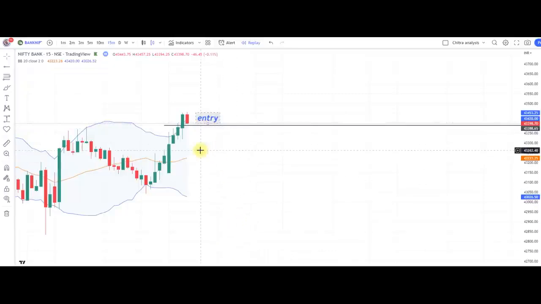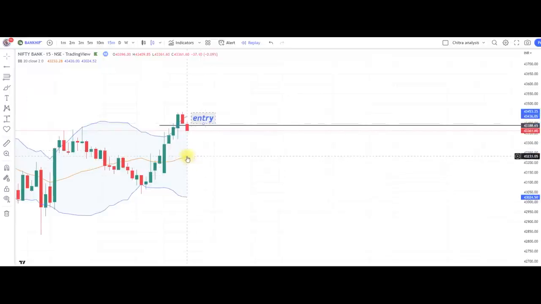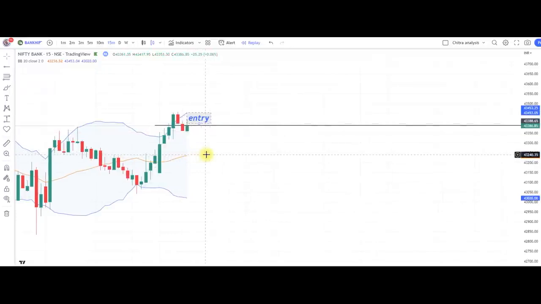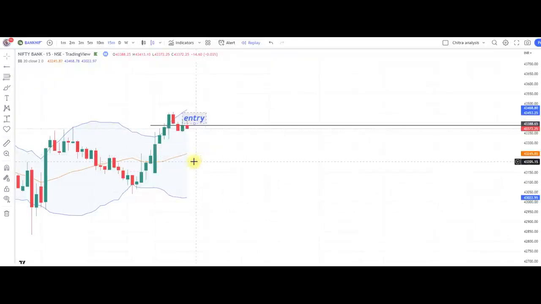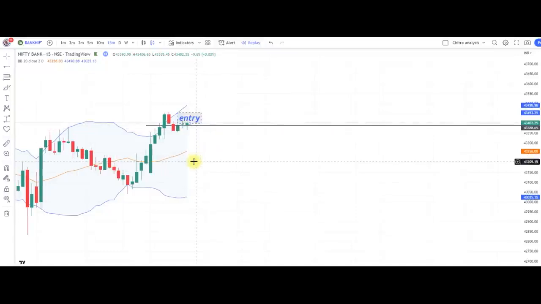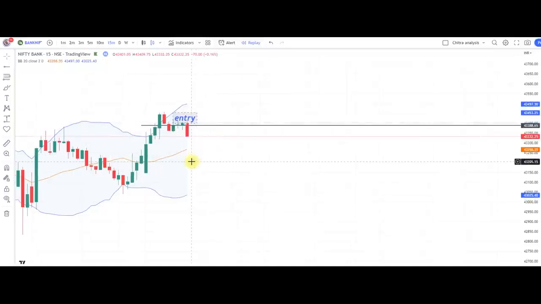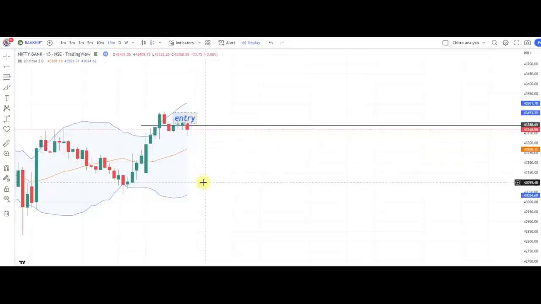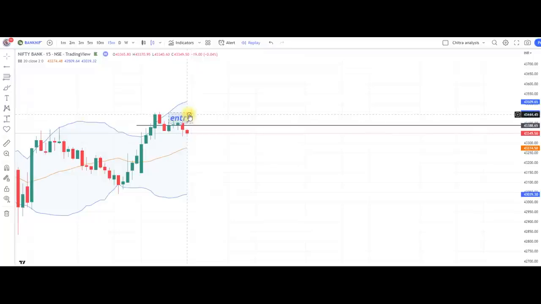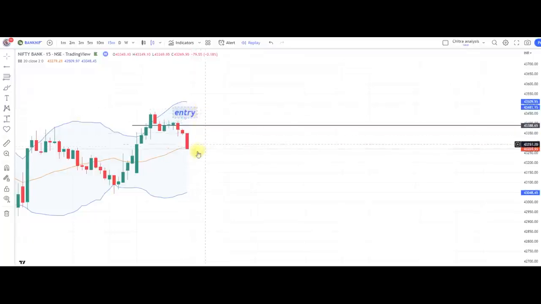The target is always the mid Bollinger Band. This orange line here, that is the 20 SMA. That is our first target. Once the trade is going in our favor, we can always keep trailing our profits. We can see whether we achieved the target or not.